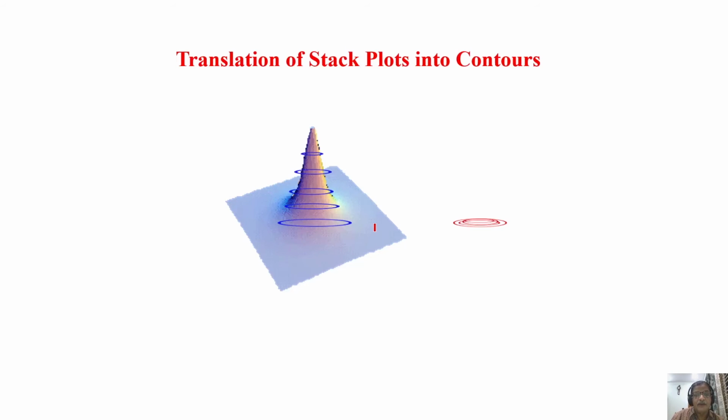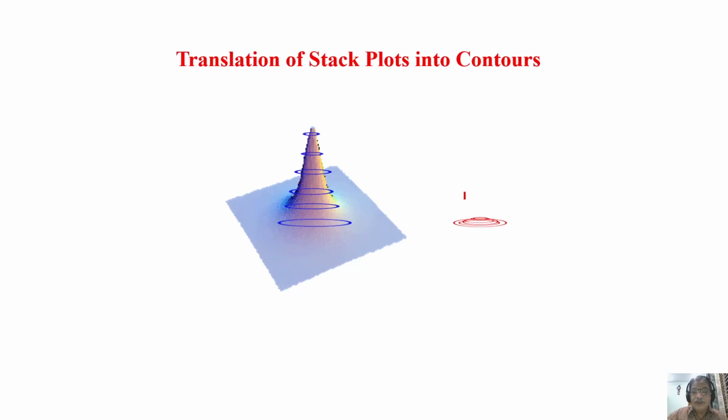Keep on going above and above the hill, go around the circumference, measure the area, come and put it here. So it is like the area of circles at different places. You understand? When I go along a circular path here, each time what you get is translated into the contour like this. This is how the stack plots have been converted into contours.